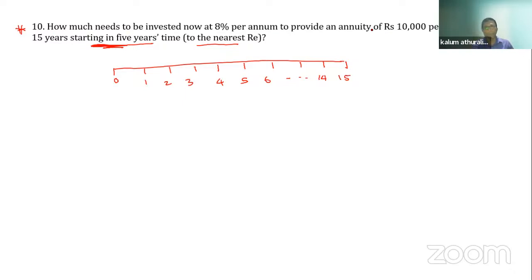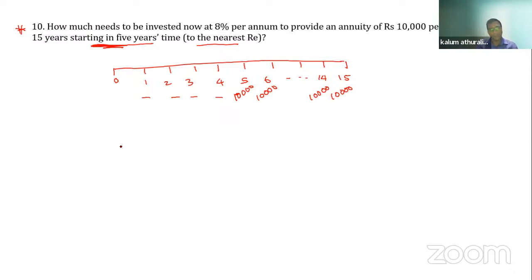Then the annuity of 10,000 starts from year 5. 10,000, 10,000, 10,000, then up to the 15th year. Right.